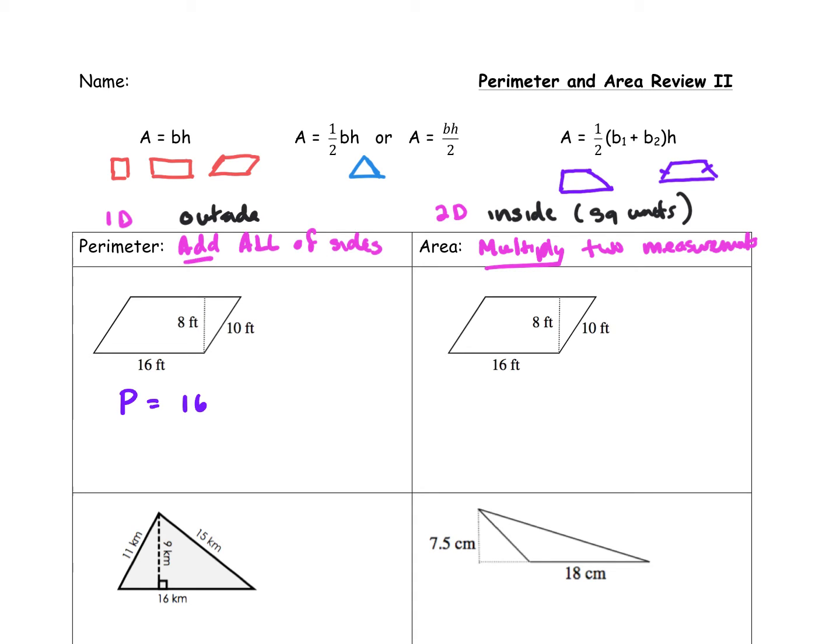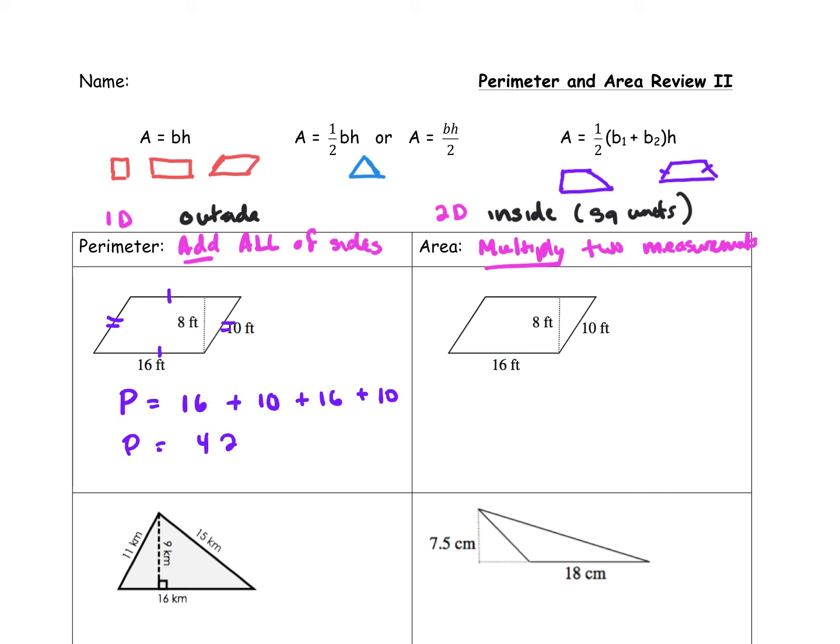So I see a 16 and I see a 10. And that's very common for students to stop there, but we have to remember that this side above it is also part of the outside, and this side is also another part. So we need to go all the way around. So the perimeter would equal 42.